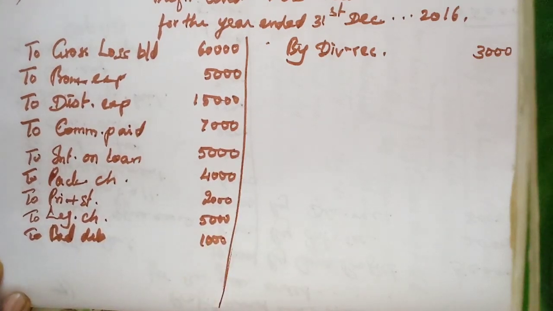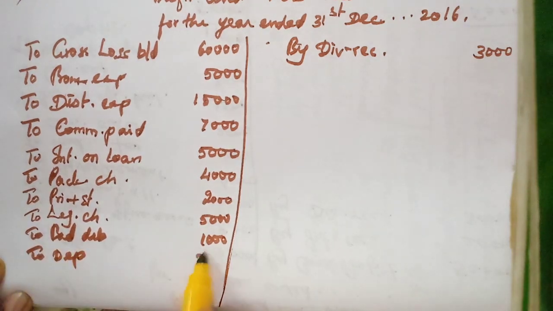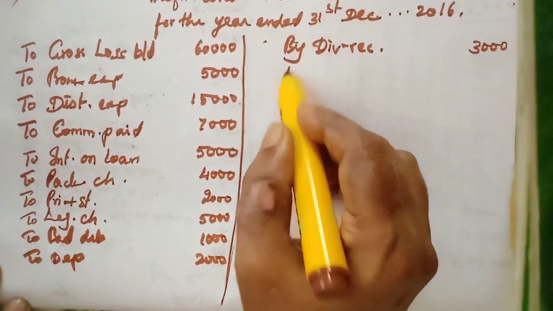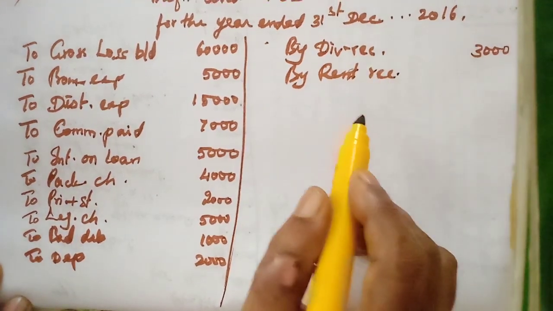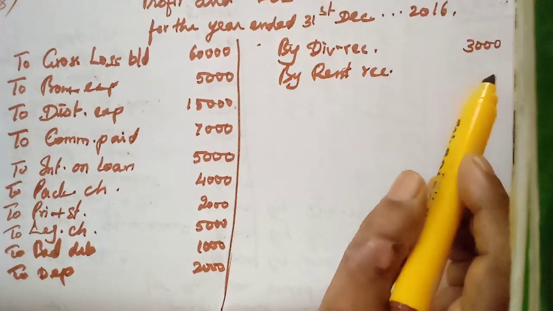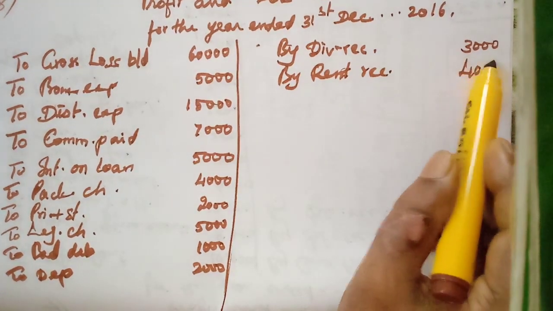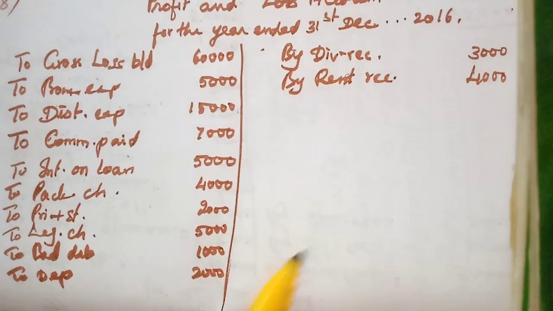Then depreciation 2,000. Rent received 4,000. Loss by fire not covered by insurance.